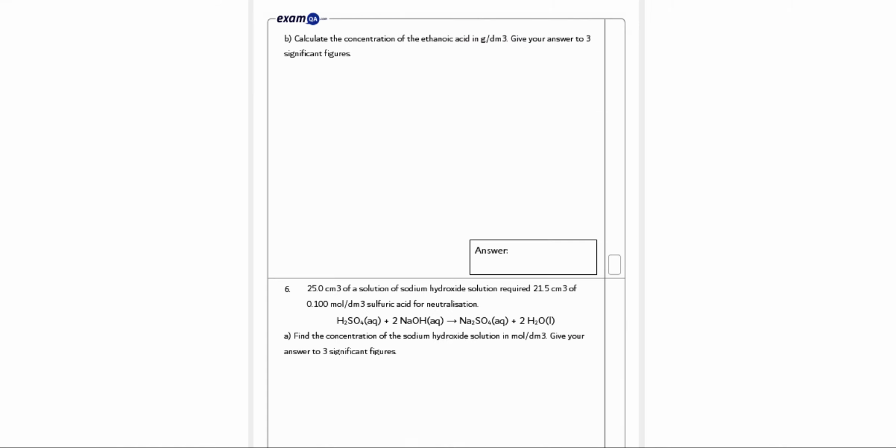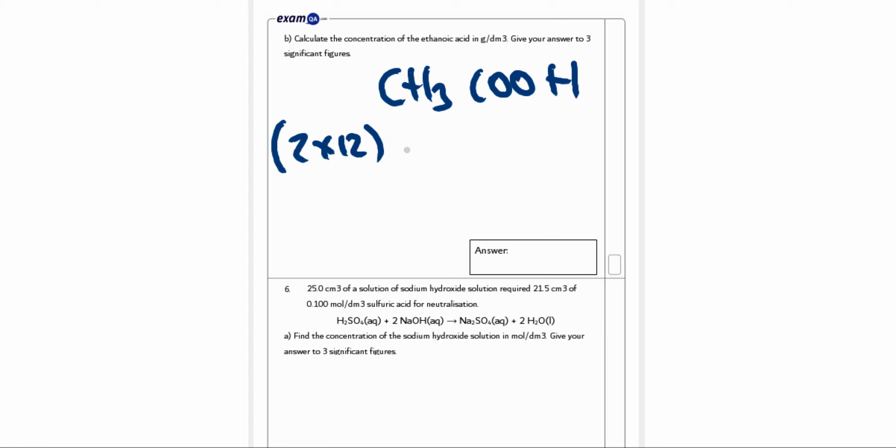Then we move forward to part B: calculate the concentration of ethanoic acid in grams per decimeter cubed. So for this one, we are going to first of all find the Mr of ethanoic acid, CH3COOH. So it's going to be 2 times 12 plus 2 times 16, that's the carbons and the oxygens, plus 4 times 1.